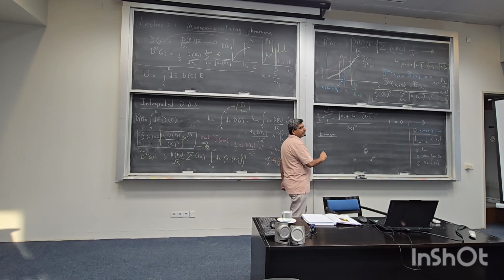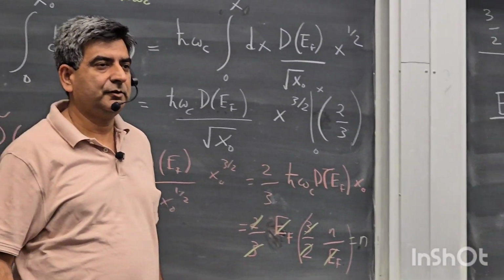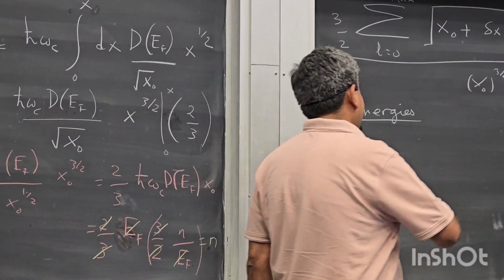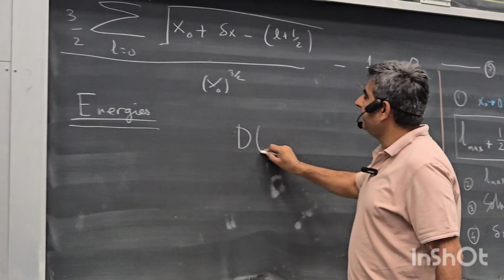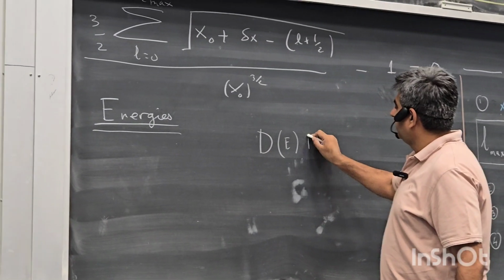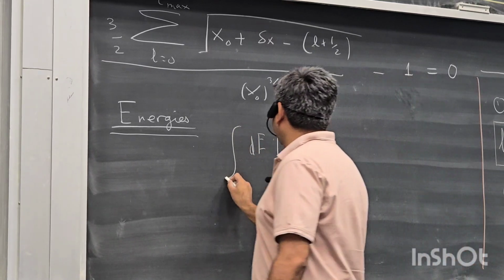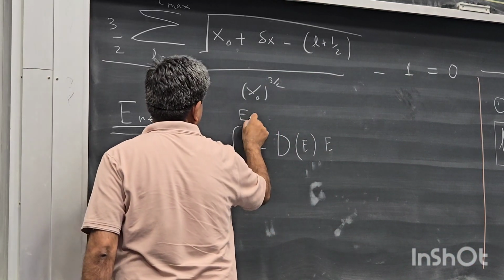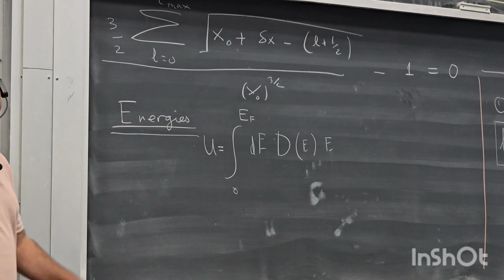Now, how do you calculate energies? So, just to give you a quick recap, if I take dx, dE and integrate this with respect to energy from 0 to EF, I will get the total energy, right, in the absence of a magnetic field.